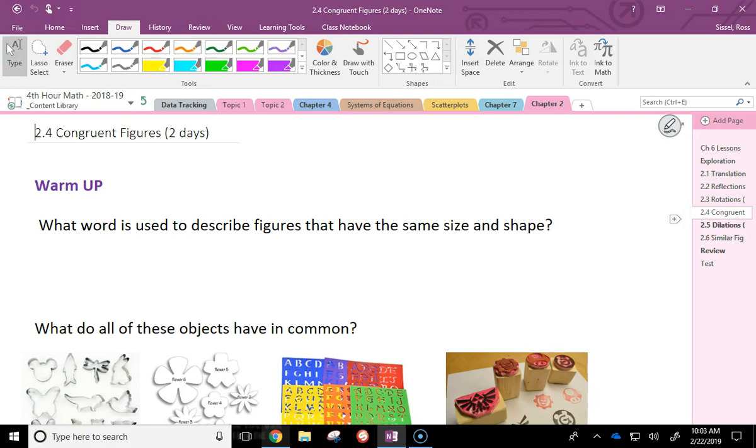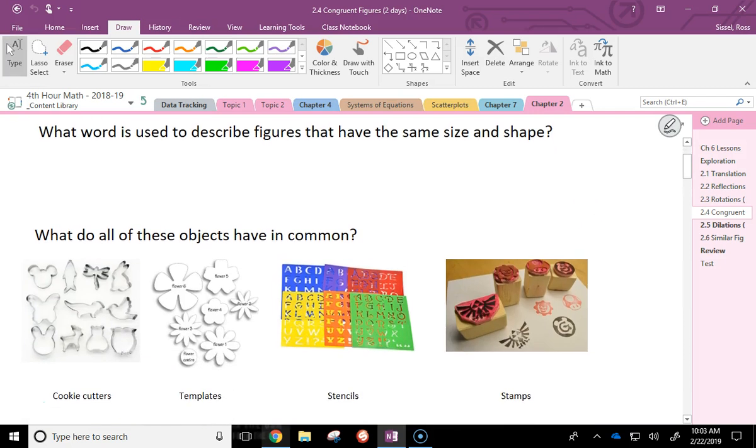So, real quick, I'll warm up. What word is used to describe figures that have the same size, same shape? Congruence, actually. There you go. It's kind of awesome that you're like, oh, we're talking about congruent. I bet it's congruent. But congruent definitely is one. Are there any other words?